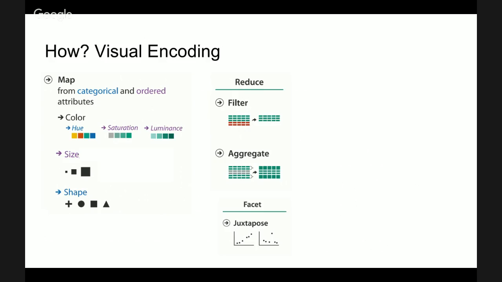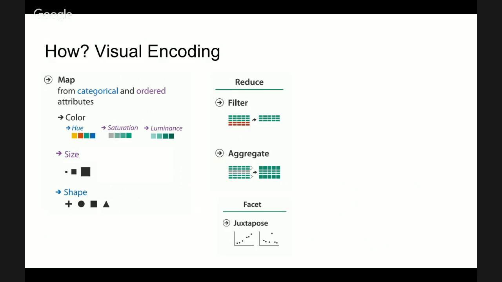And we're going to show you these things in the tutorial, how you can do that with Vega-Lite. But you're probably familiar with some of these things from databases or just running filters and aggregates in Python.